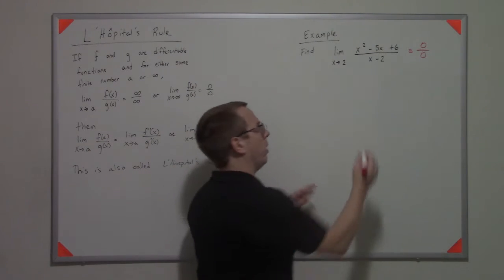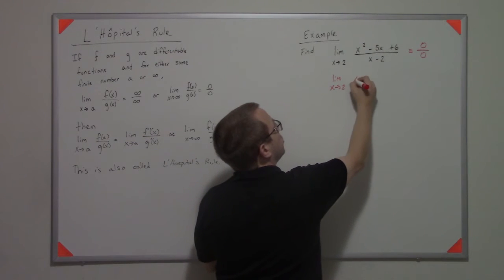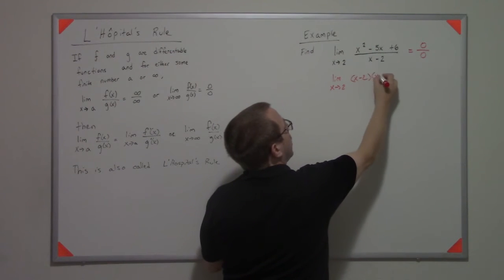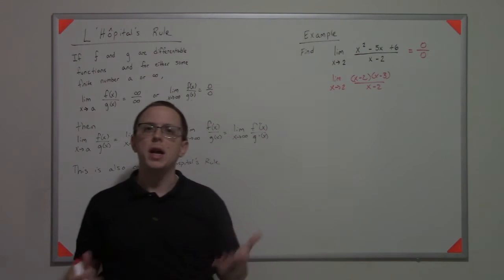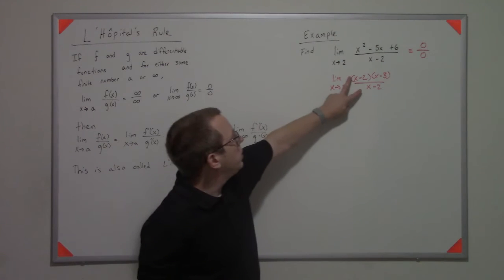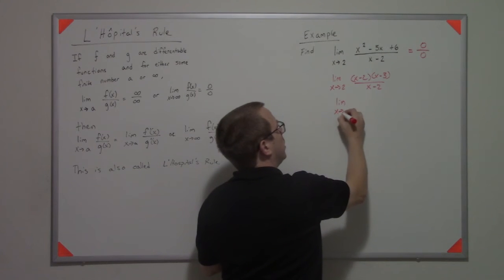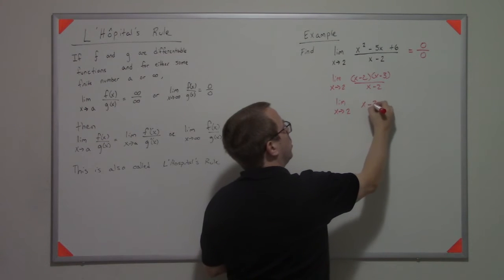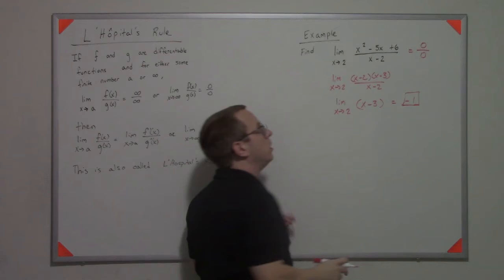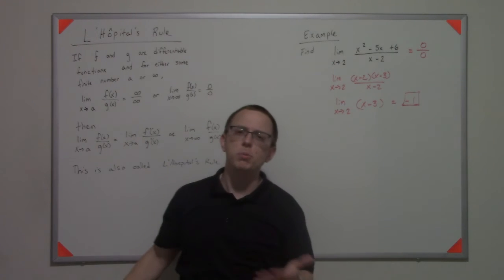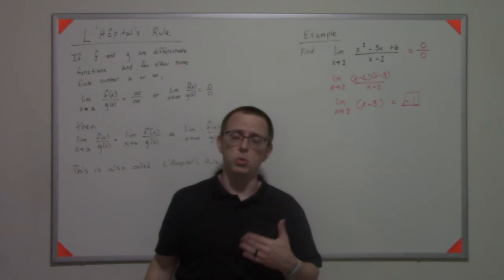We could say, okay, well, that's the limit as x approaches 2 of (x minus 2)(x minus 3) over (x minus 2). Right? So then I can cancel these two terms because they're in common. So I have the limit as x approaches 2 of x minus 3. So I get -1. Okay, so it's simple enough, right? That's not a very difficult limit to calculate.